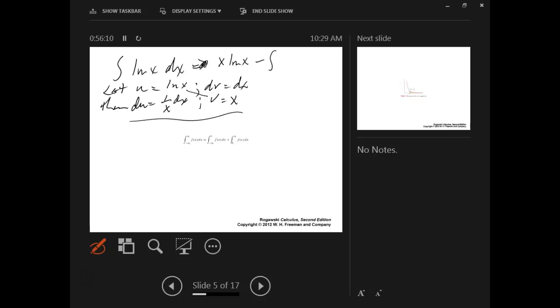Okay, multiple choice again. I love them. x squared over x would be x. x over x would be 1. Right? So that would just be minus the integral of 1 dx. And I think we can do that integral, can't we? So this would be x log x minus the antiderivative of dx, x, plus c.